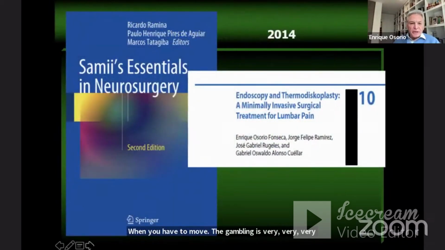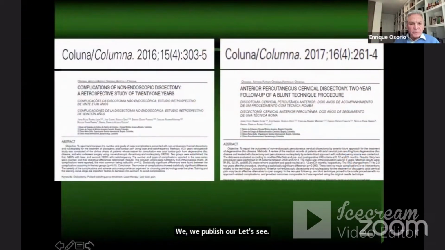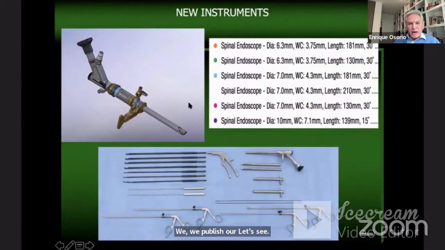to treat. We published our results in many places, as you see here, but we now have endoscopes with a working channel from 3.75 millimeters until now we have one with a working channel of 7.1 millimeters.